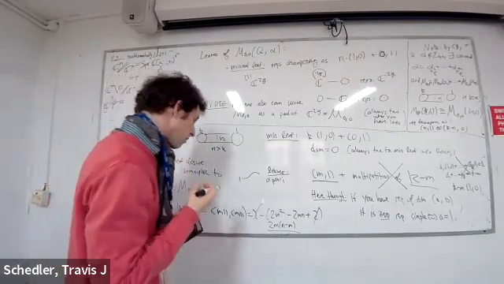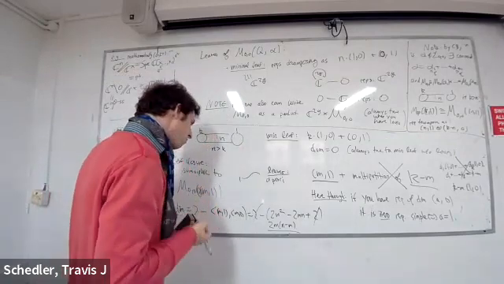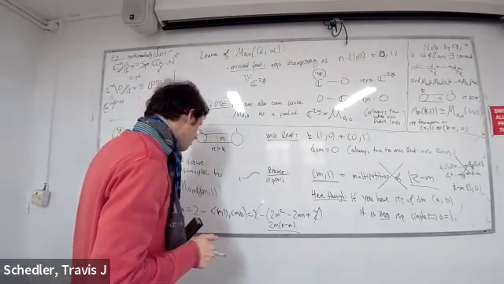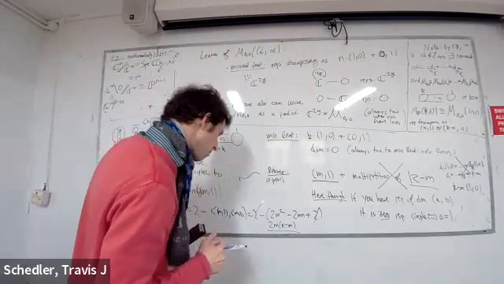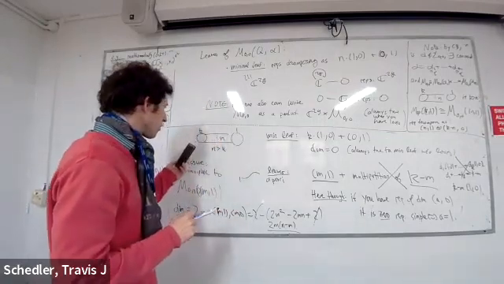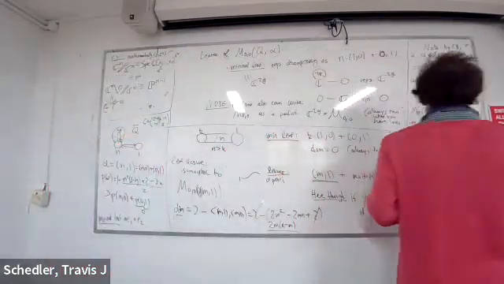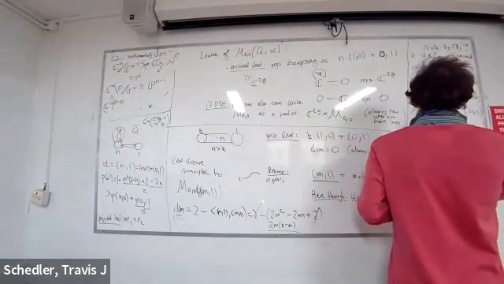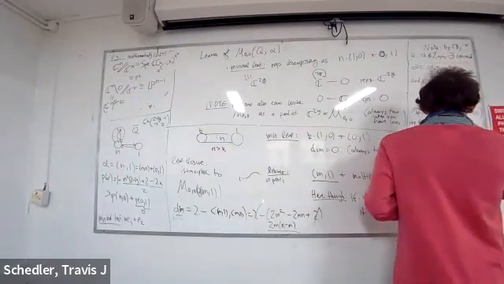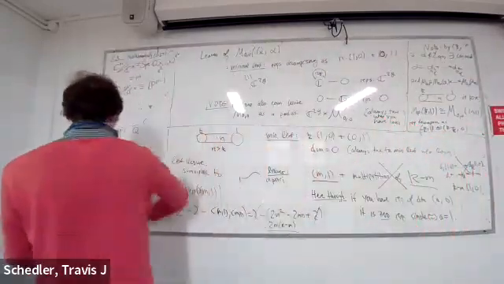Is that right? Oh, so you wanted k to be down to a half. Do this computation. Okay, let me do the computation over here.